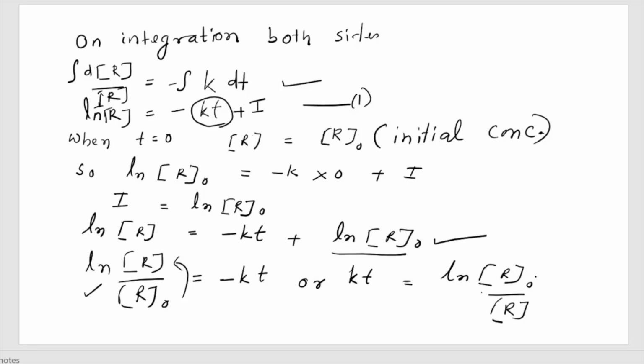This is called the initial value, and that one is called the final concentration. So the formula for the first order equation is kt equals ln[R]0 by [R]. I hope it is clear to you.